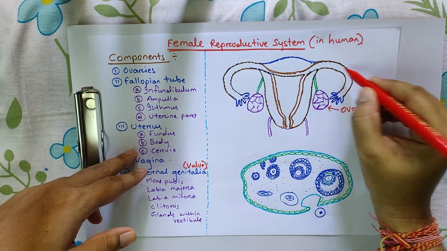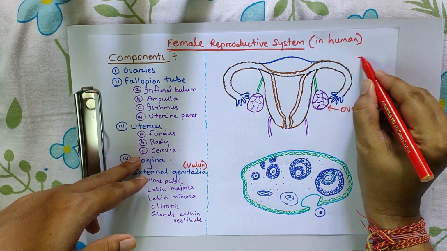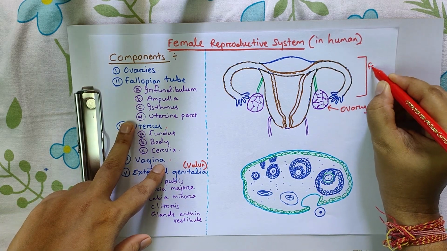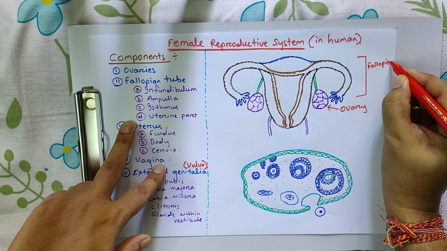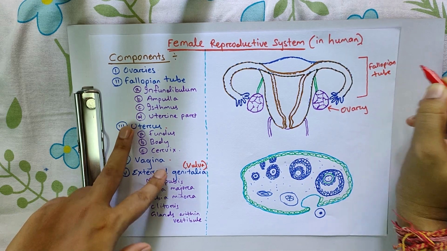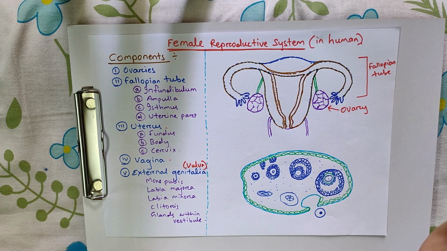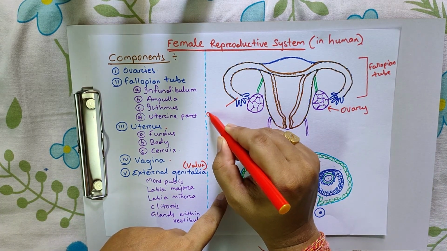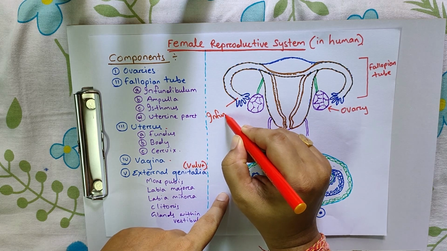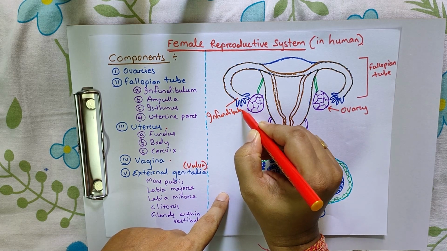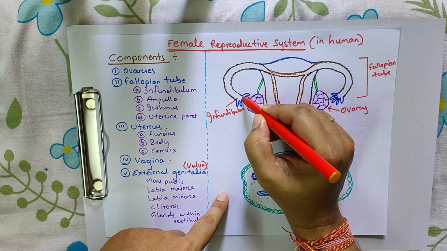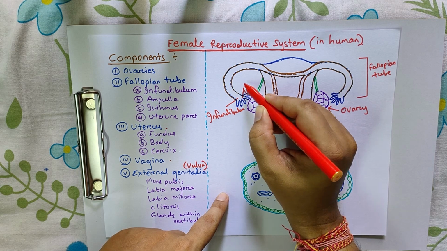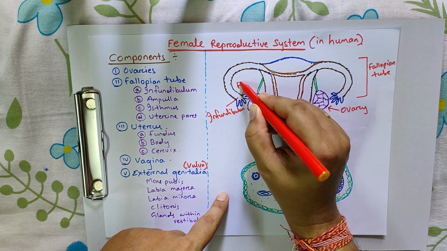From this point to this point is the fallopian tube. This part is the infundibulum. These finger-like projections are the fimbriae.